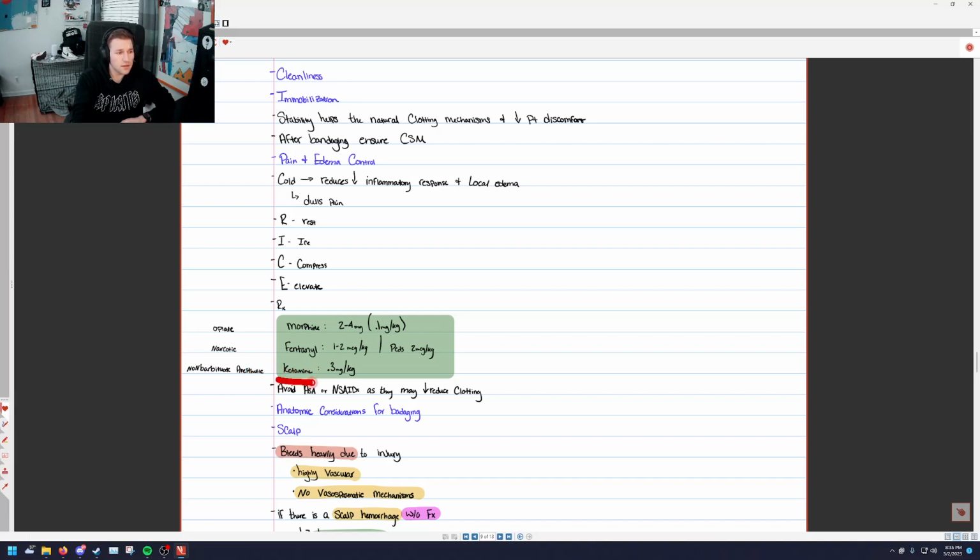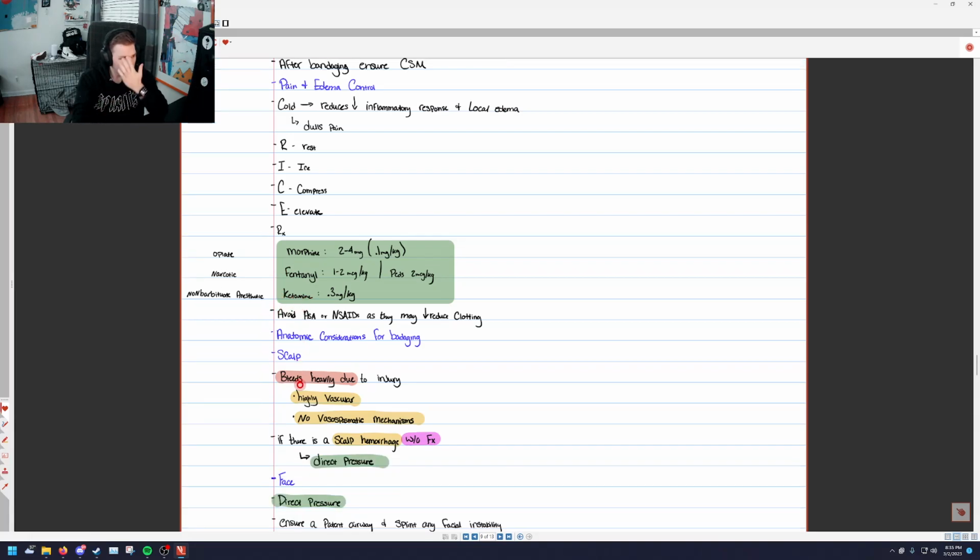I still have yet to look at what National Registry would deem it as, but just understand that if we're doing pain management, these are possibilities of what we could go to. With head trauma, be careful with morphine. If we do administer that, we are going to see an increase in ICP. So if need be, fentanyl will also increase ICP, but not as major as morphine. Ketamine, I'd still have to look into, but I don't think it will.